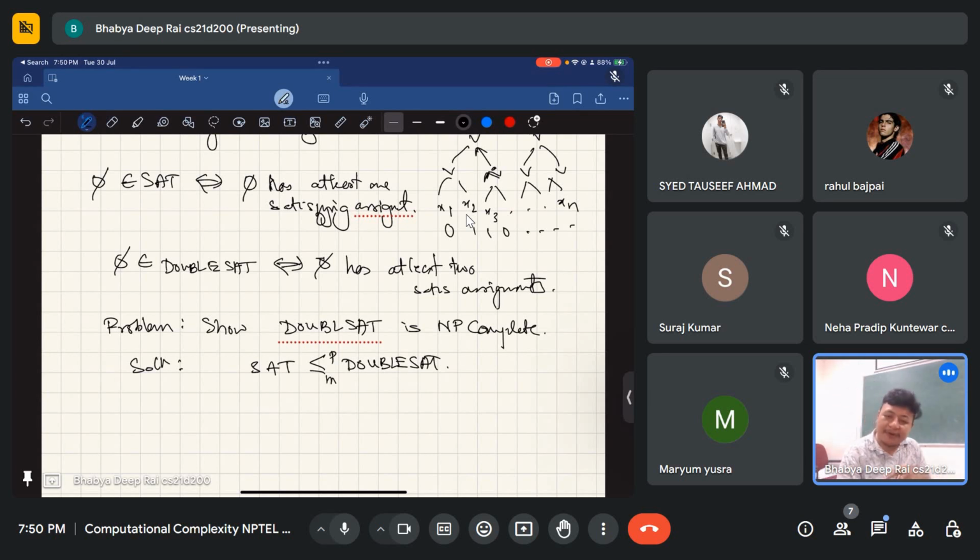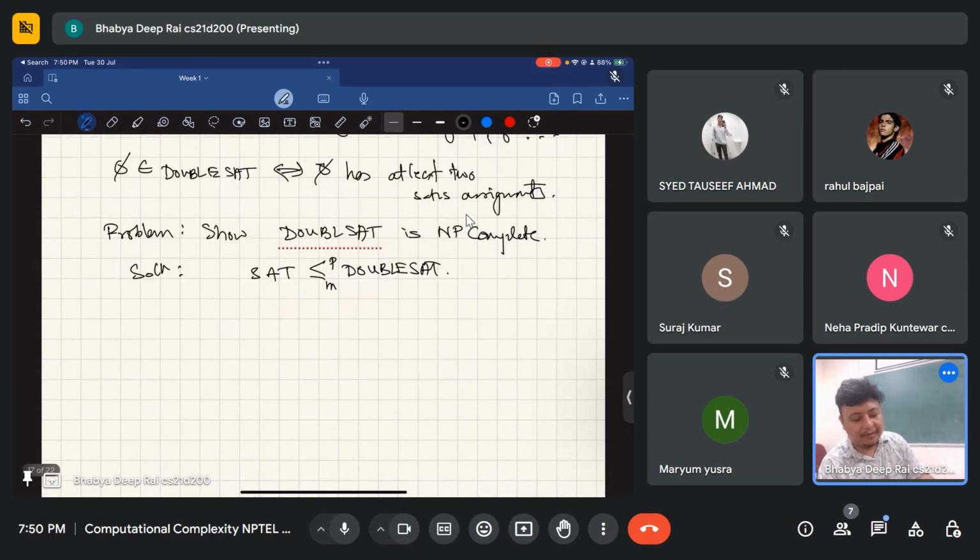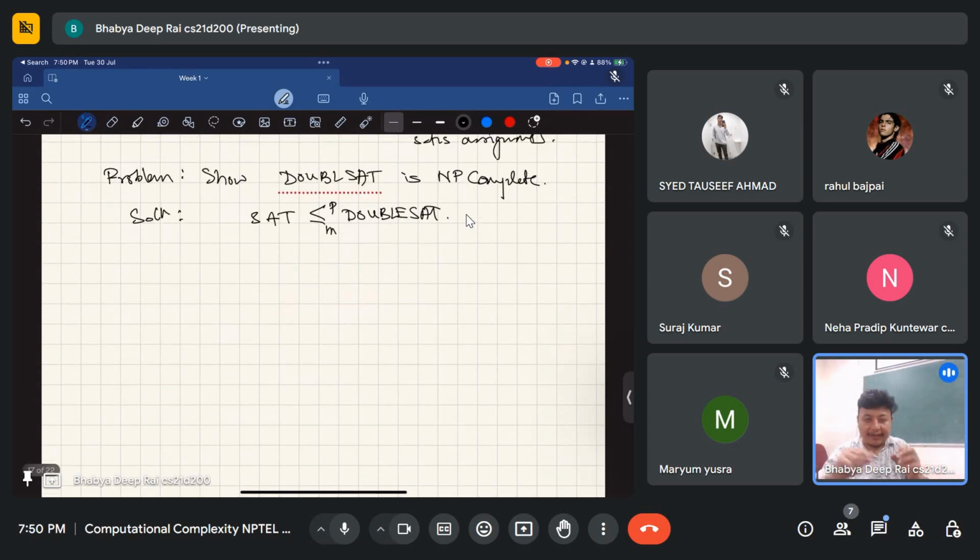Reduce the SAT problem to the double SAT problem. Okay, now listen to this clearly. What does it mean? That is, what do we need to show?